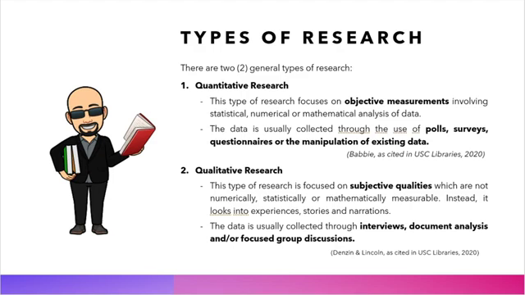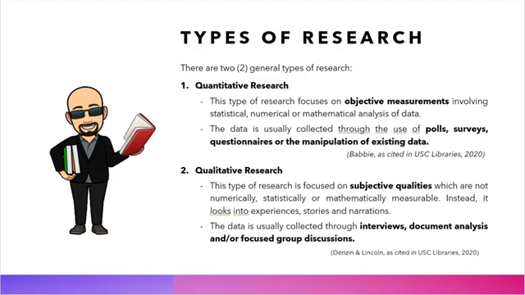In quantitative research, it's usually numeric in nature or scalar in nature, as opposed to qualitative research, wherein we use instruments which allow our participants not to rate anything or not to scale anything, but to give their opinions, to share their stories, and to be able to narrate what happened.